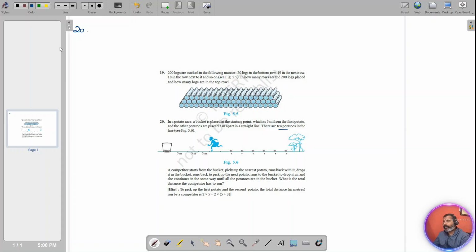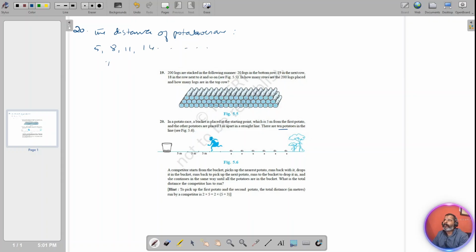Let's see the distances at which the potatoes are kept. First 5, then 3 meters more means 8, 11, like that it will come. Therefore, the distances of the potatoes are 5, 8, 11, 14, like that.